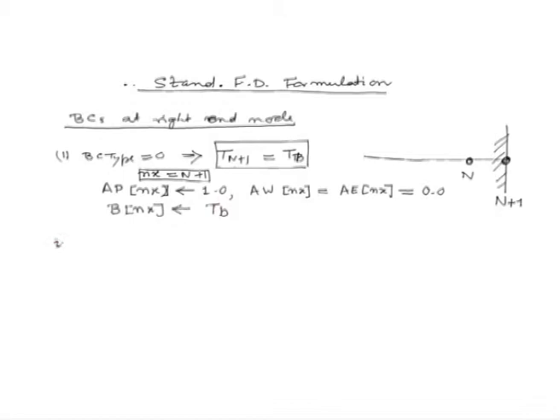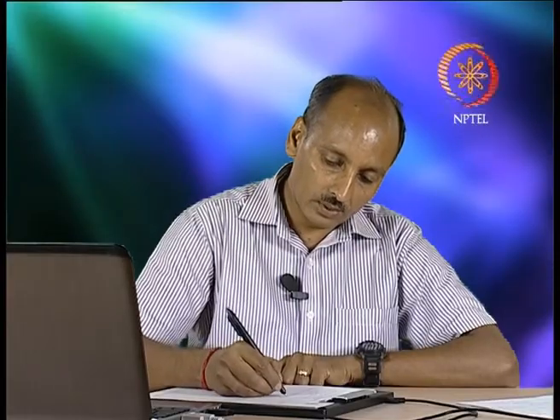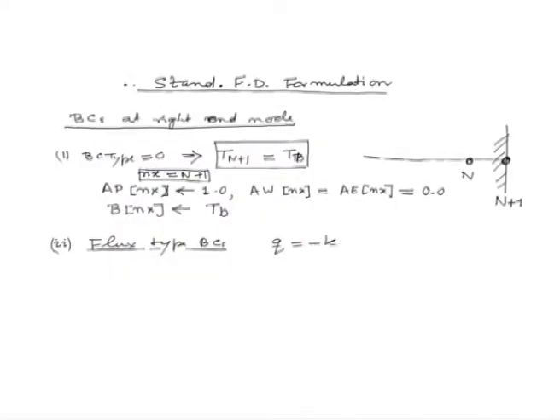Now the next one, the flux type boundary conditions. In this case we need to come up with an approximation for the flux term itself, which will involve a derivative. So let us say q is equal to minus k dT by dn.